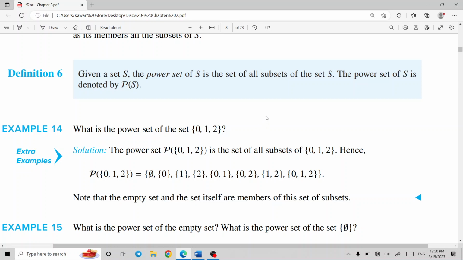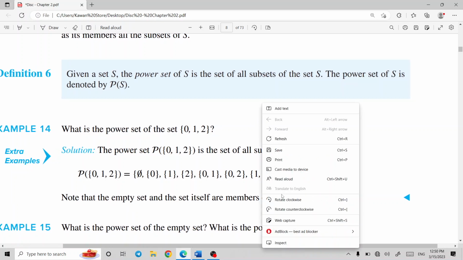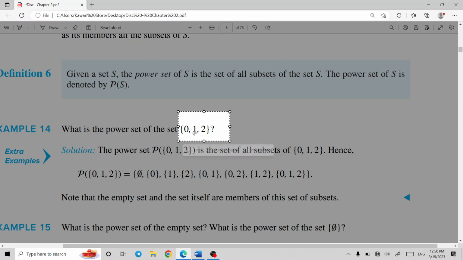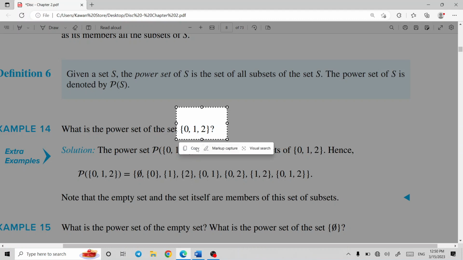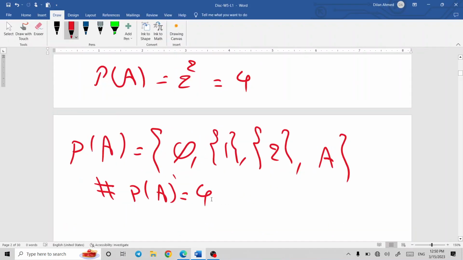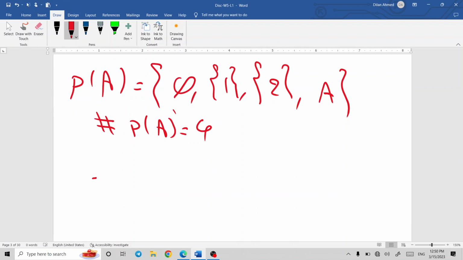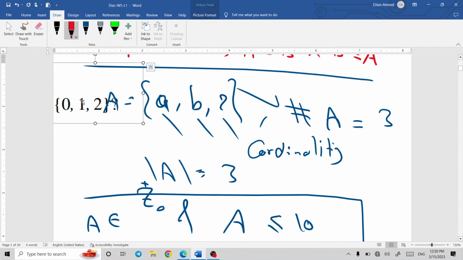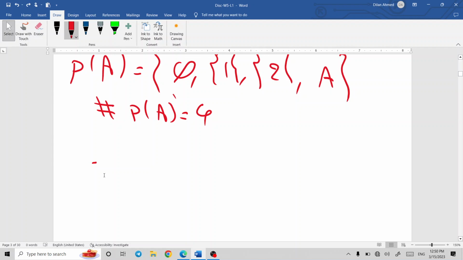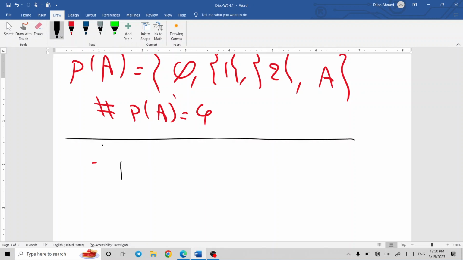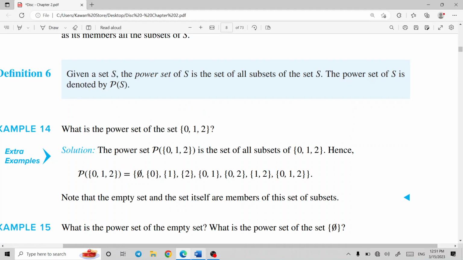So tell me about that one. How many elements do we have? 3 elements, right? So I have B. Let's say we have 0, 1, 2.